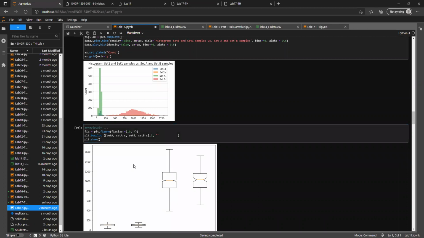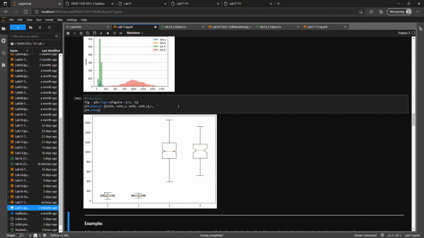Which brings up the point that visuals can be misleading. Because according to this, the ranges in set B and set B's random sampling, they're not that different. The quartiles are very close.